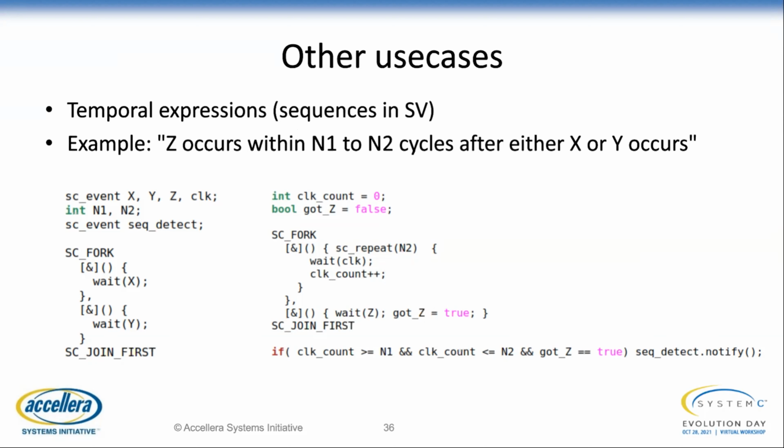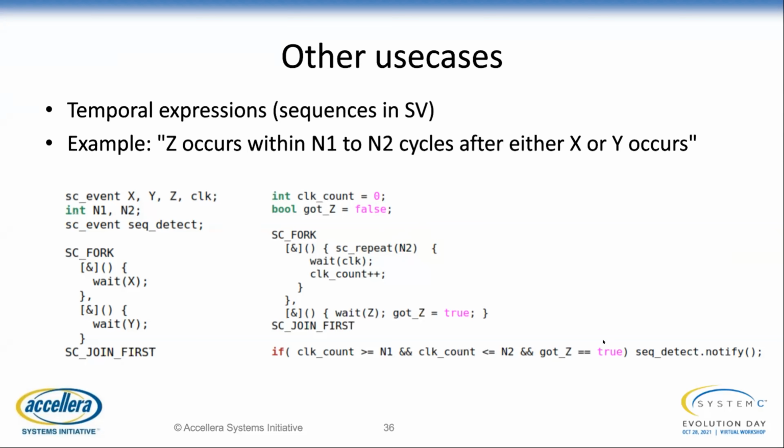So how do we find out if N1 to N2 clock cycles have passed? I think you can wait for the maximum number of cycles, and you can increment the counter. And once that is done, you just check the condition, whether the number of clock cycles is between N1 and N2, and if Z has occurred.